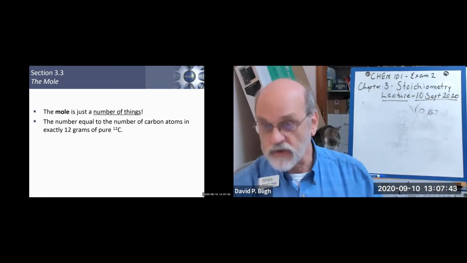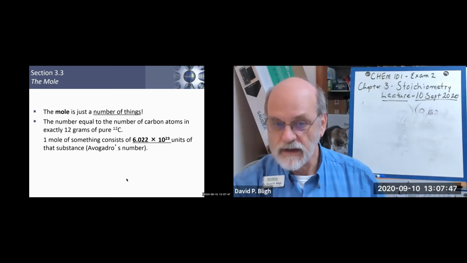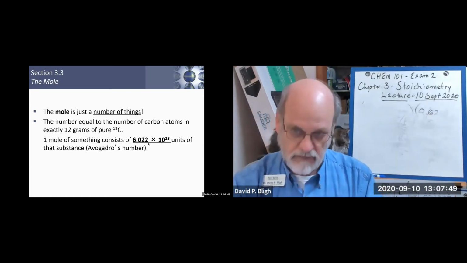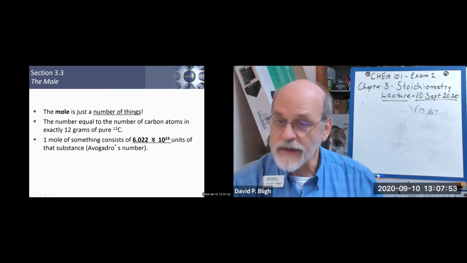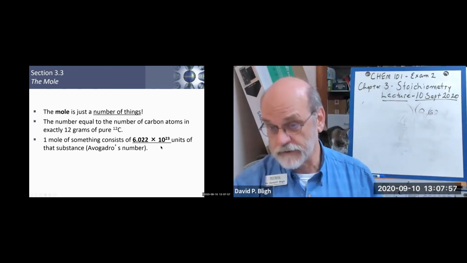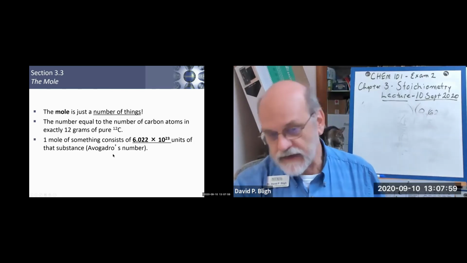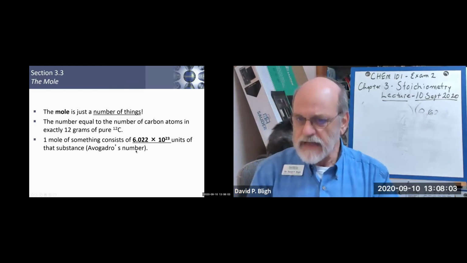Now, that unit has a value, and it's equal to, to 3 decimal points, 6.022 times 10 to the 23rd. Right? So that's a huge number. And we give it this name, Avogadro's number, in honor.